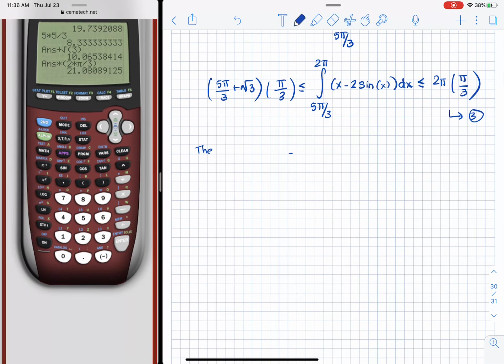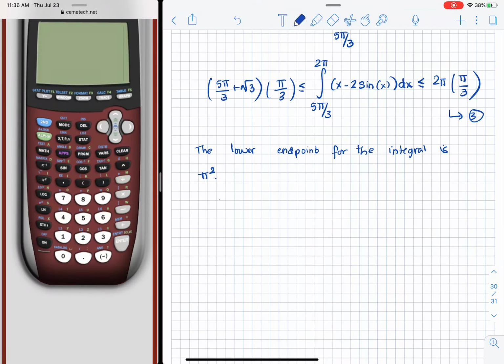So the lower endpoint for the integral is pi squared. That is obvious. Now we could do the comparisons here and find the upper endpoint for the integral.